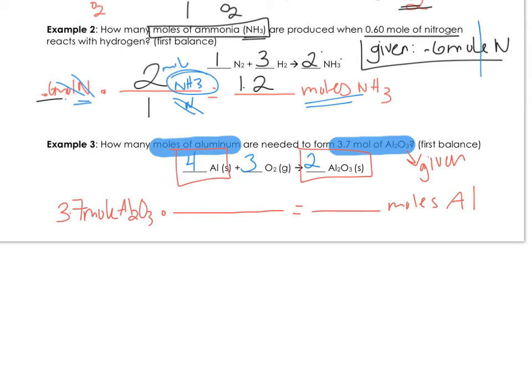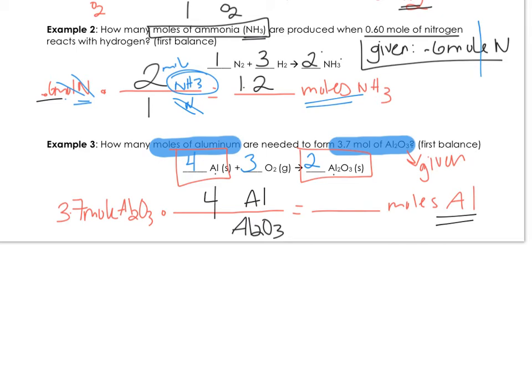Okay, so now we need our mole ratio. We need our aluminum to our Al2O3. So my Al2O3 goes on the bottom because I want to cancel it out ultimately with this guy right here. And then my aluminum itself is going to go on the top because that's ultimately what I want to end up with.